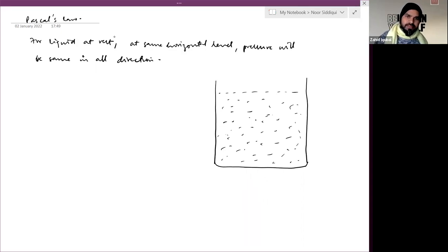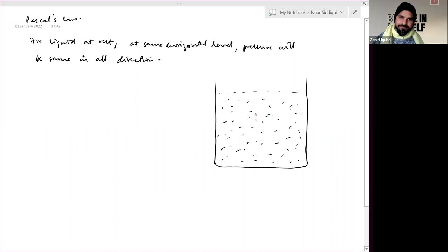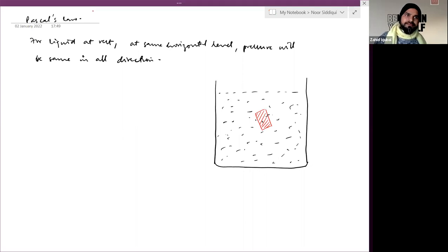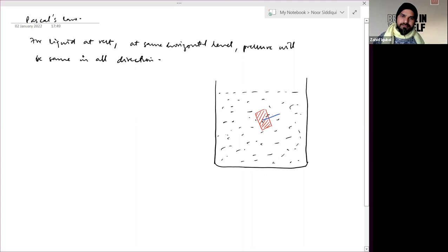Suppose you have a cross section on which a force is acting normal to it along this direction. Let's say the area of this particular segment is A. So we have to calculate the pressure acting due to this segment and its various components.